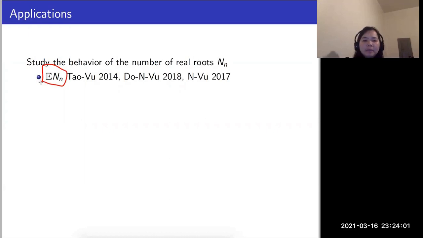This was studied in the paper by Tao and Vu that I mentioned before, back in 2014, and later more sharp bounds and study for general polynomials by myself, Do and Vu in 2018, and another work by myself with Vu in 2017.